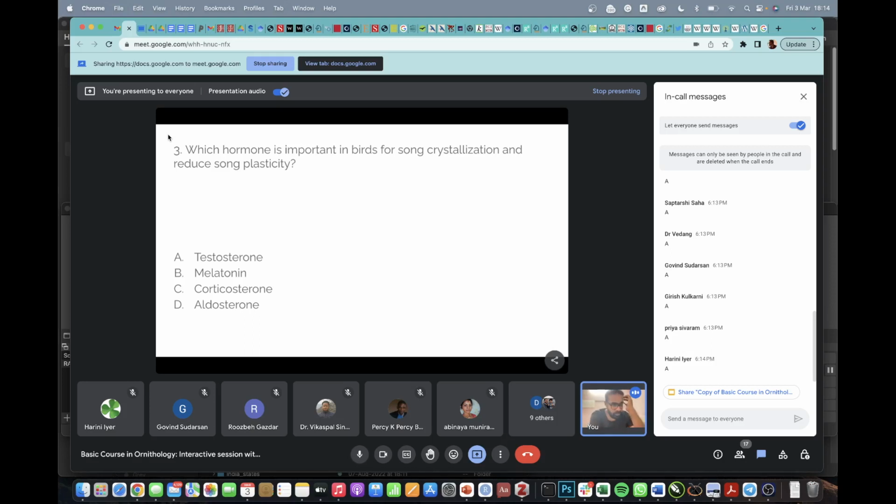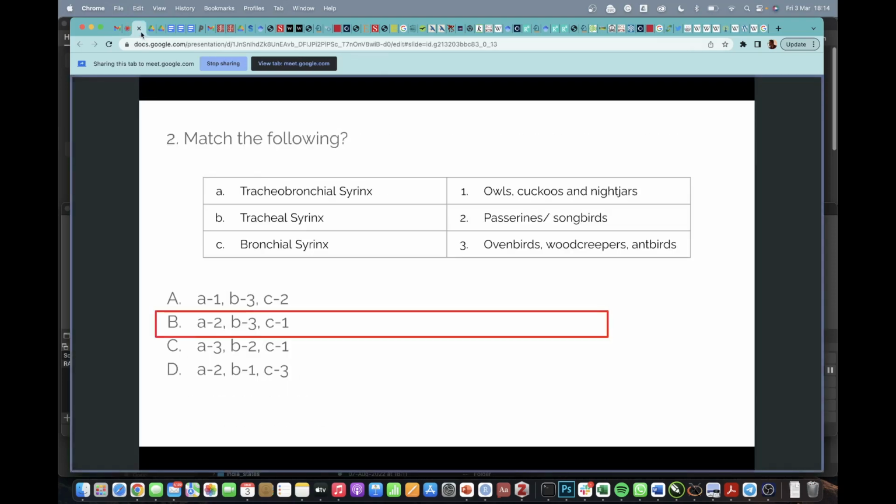So anyway, this question was in one of the lectures where they said that this particular hormone is required for the song to be crystallized and to reduce song plasticity. Okay, so what did you mean by owls and nightjar syrinx? I said it's in the bronchi.